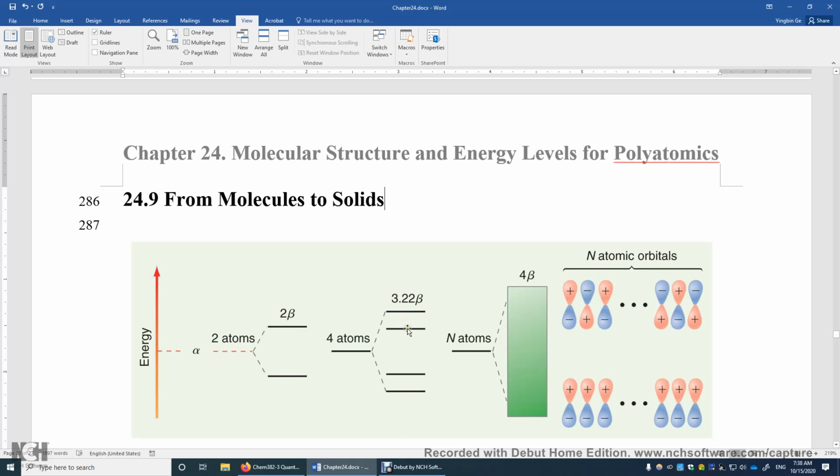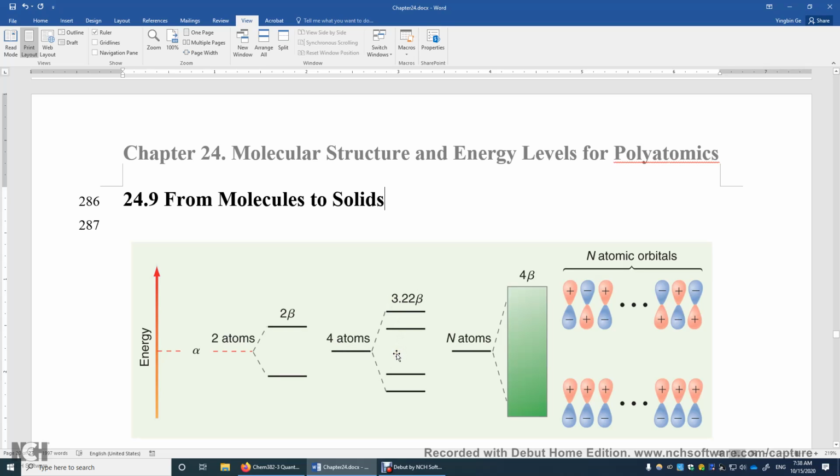So the range from the lowest energy MO to the highest energy MO is 3.22 beta. Again, this is a 1,3-butadiene molecule.